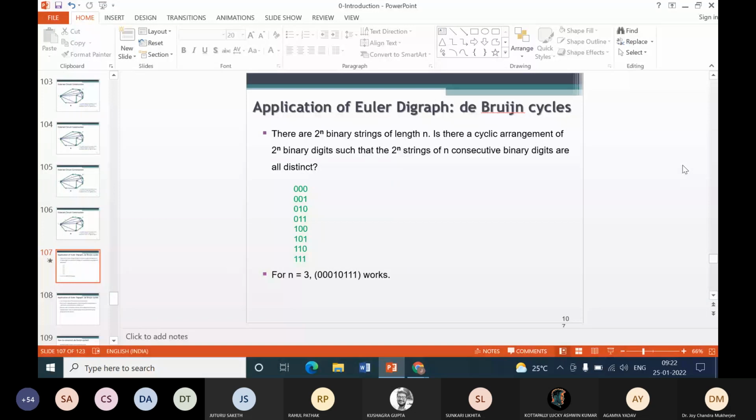Okay, so to design such a circular arrangement, de Bruijn has used an Euler digraph to create such a circular arrangement. Now we will study how De Bruijn has created such an arrangement. So your input is say n equal to 3 and your output is this circular arrangement.